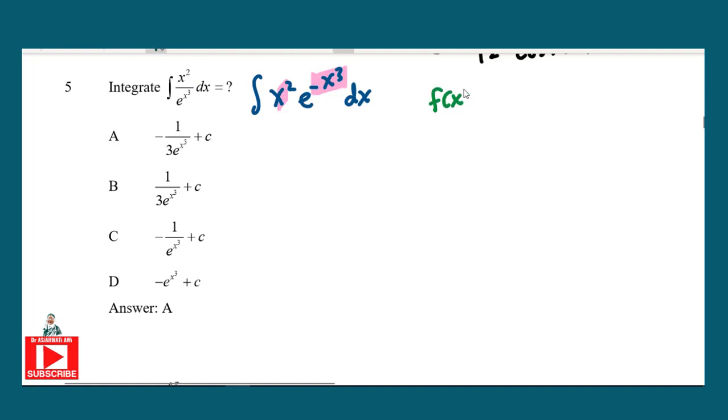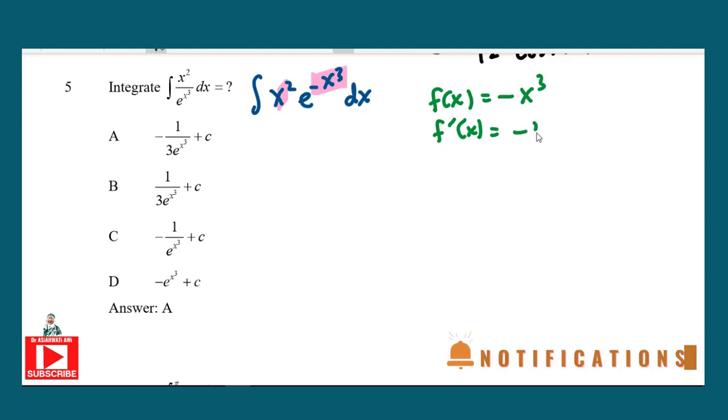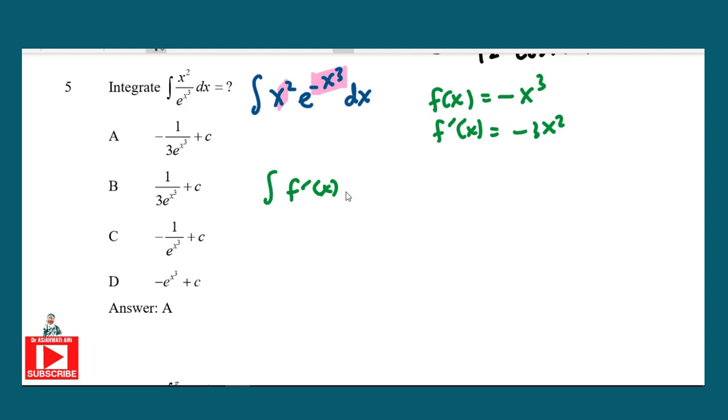Let f(x) equal negative x cubed, and f prime of x equal negative 3x squared. Using this basic rule of integration, or template, the integral of f prime of x times e power f(x) dx is equal to e power f(x) plus c.